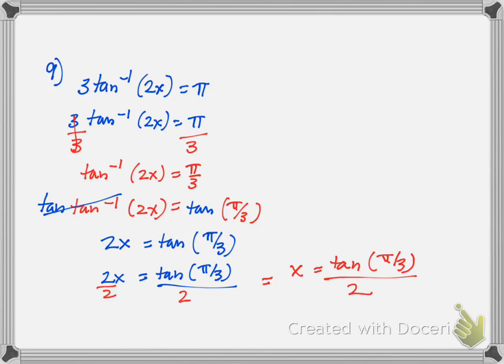Once again, you can use your unit circle, or if you would like, you can also use a triangle. If you use a triangle, tan of 60 degrees is radical 3. So radical 3 over 2 is going to be my answer, and that corresponds to answer A.